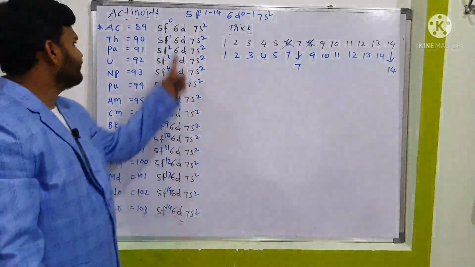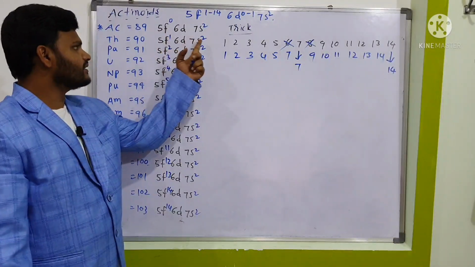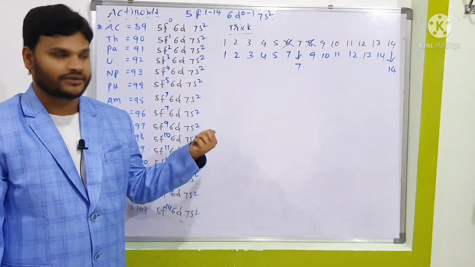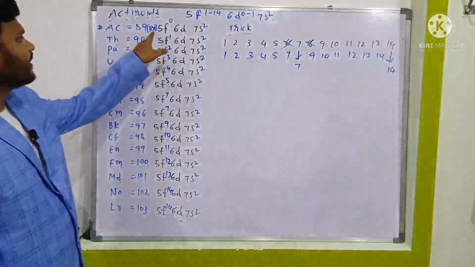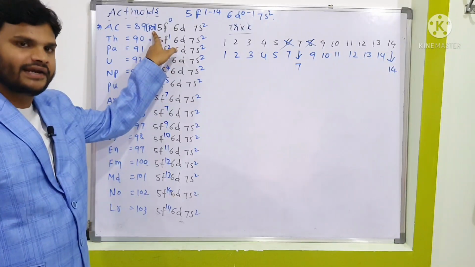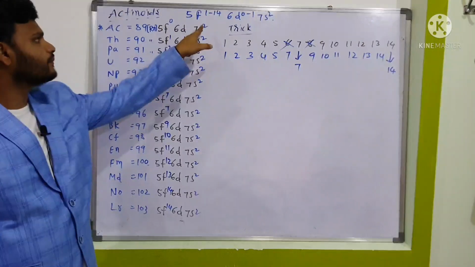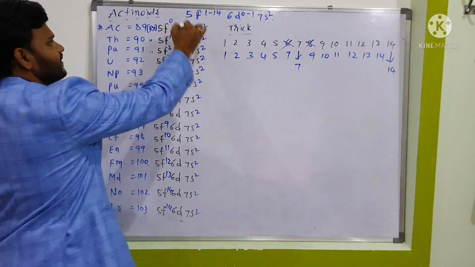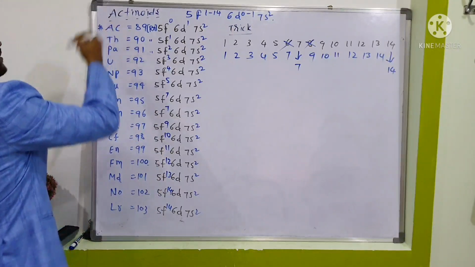So if you know the f orbital electrons and s orbital electrons, then automatically you can write the d orbital. Initially you have to write radon. Radon is nothing but a noble gas element, atomic number 86. So 86 plus 2, 88. So here 1 electron is there. Yeah, this is a d block element.